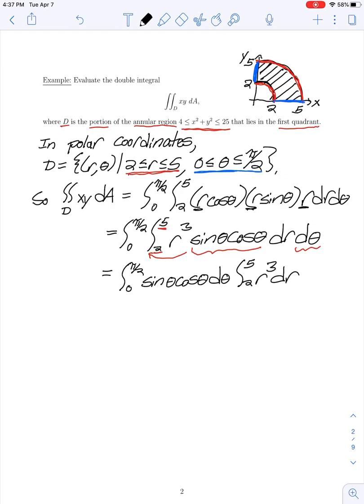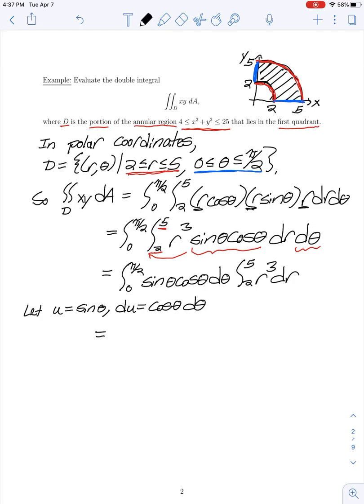So here we just have a product of two different integrals, one with respect to r, one with respect to theta. So let's evaluate this first integral. Here, to integrate sine theta times cosine theta, we could make use of a substitution where u is given by sine of theta, so that du is cosine of theta d theta.